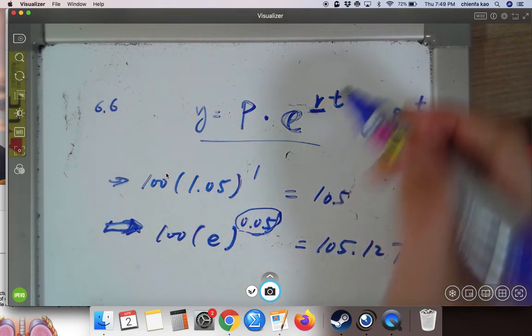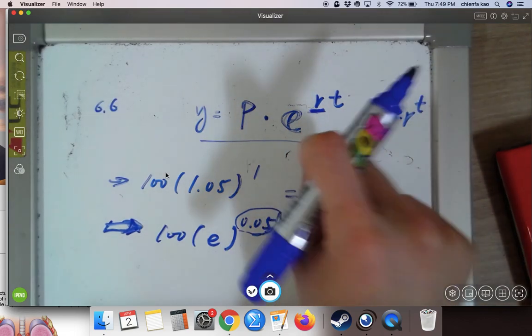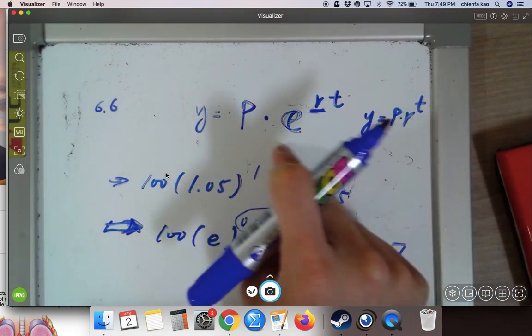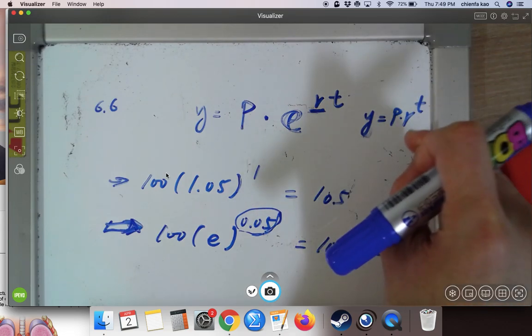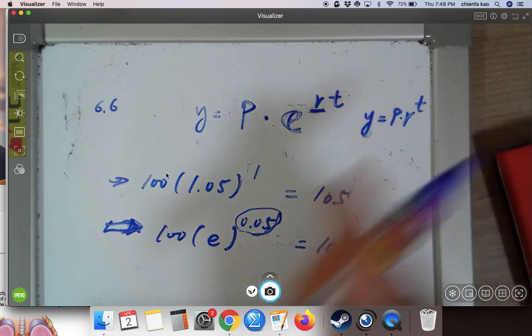And then t is time. That didn't change too much. The reason we use this is because interest can earn interest faster, throughout the year, while this one is just that one time at the end of the year if we're calculating annually.